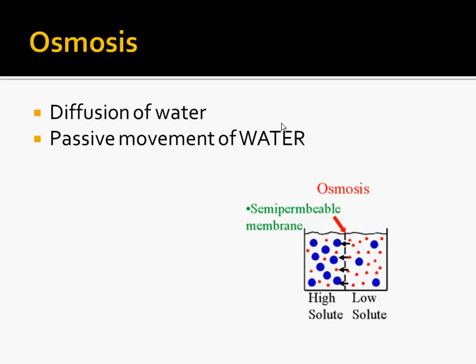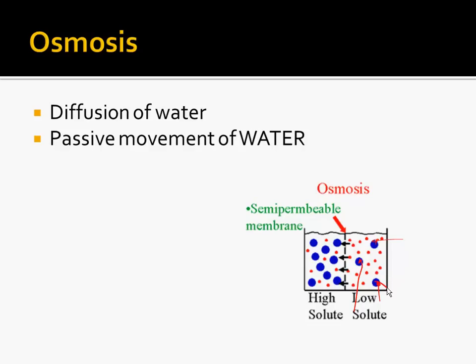So what confuses people about osmosis is that we have two things in a solution. We have a solute and we have a solvent. And so if there is a higher concentration of water, the water will move down its gradient. So in this case, and I should have used a different color, the blue dots are the solutes.